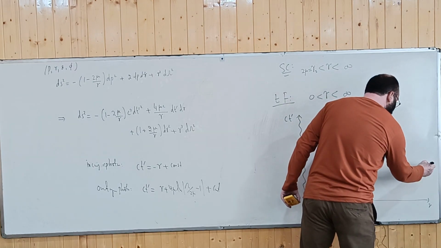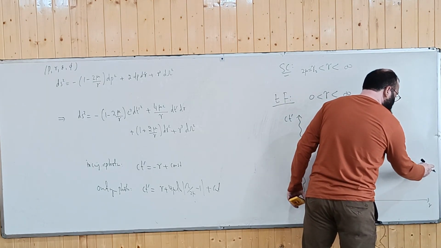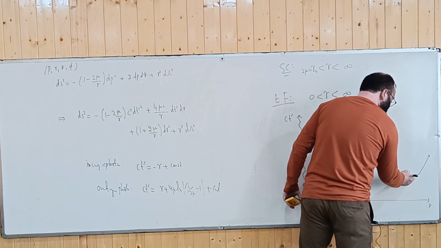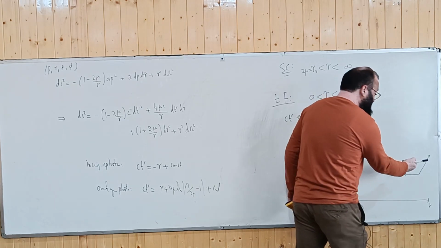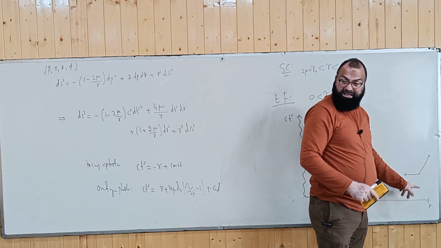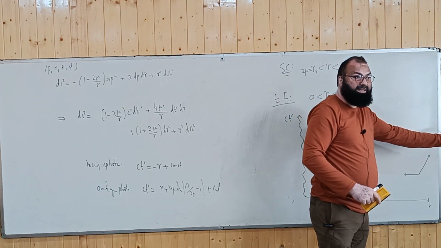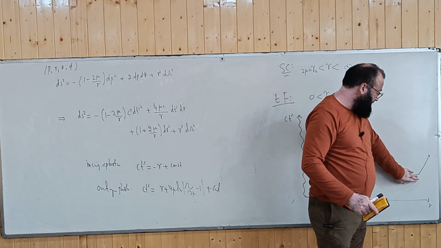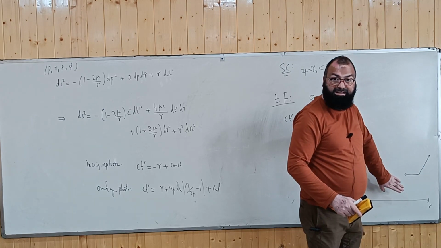At infinity it was at 45 degrees. This is the ingoing line and this is the outgoing line. Because we are at infinity, Minkowski space applies. But this is a constant line, the ingoing line. It will be like this.